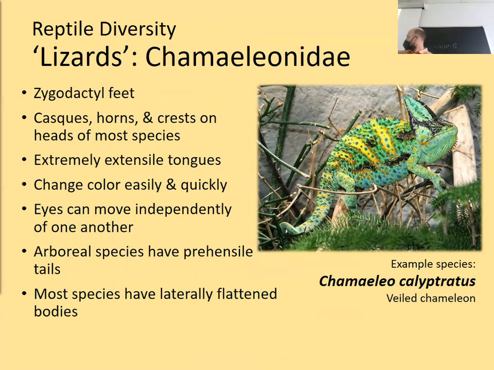And so probably these characteristics weren't found in that most recent common ancestor. So I would guess that extensile tongues, changing colors, eyes moving independently are probably not characteristics of the original lizard, and were just derived in this lineage because we don't find them very widely. That's a really good question, Sid. Thanks for asking that. And Lisa, I see your hand up too.